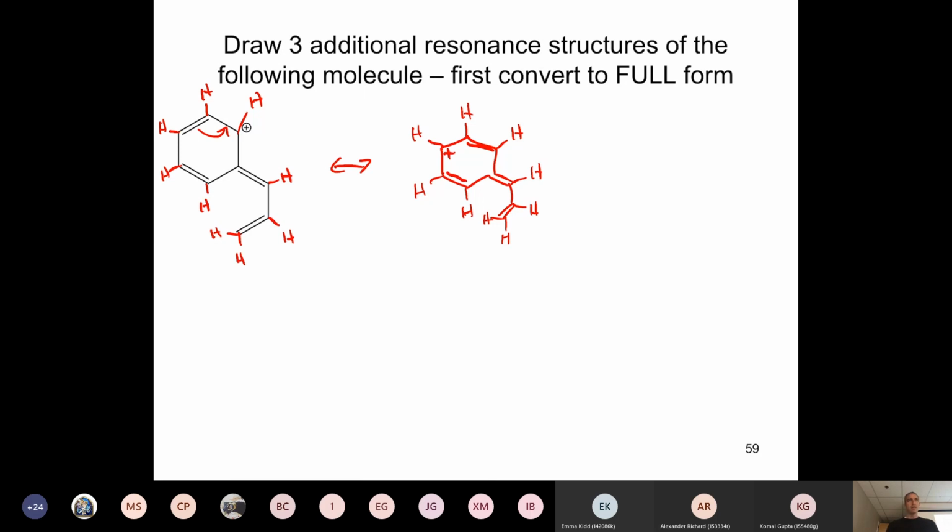Oh yeah, another double bond here, isn't there? Can we do it again? Yes, we can. We can take the next double bond and move it over. I'm going to swing this one out here just to give myself a little bit more space. Single bonds can rotate, so we can swing that around if we want.